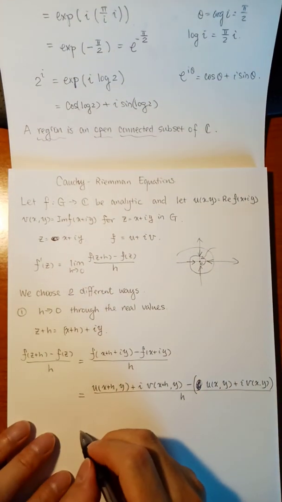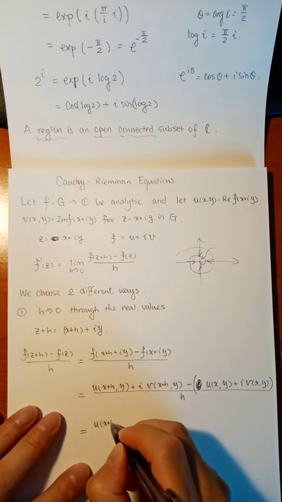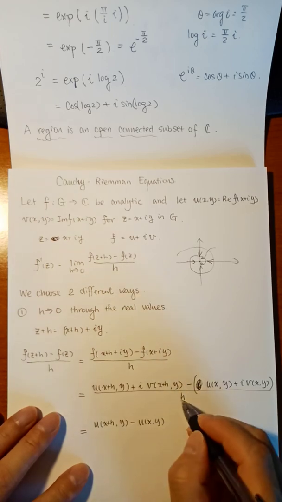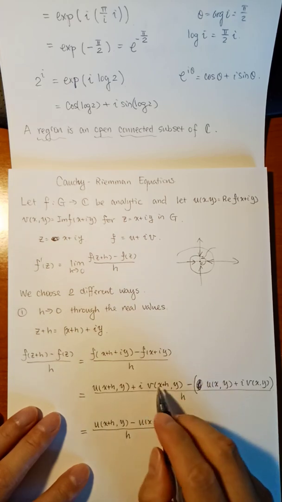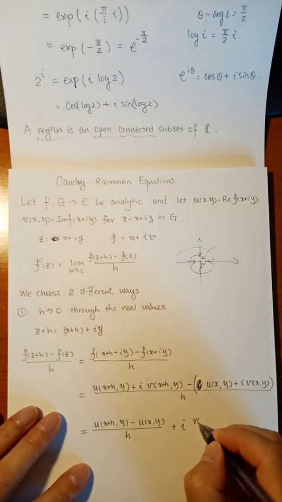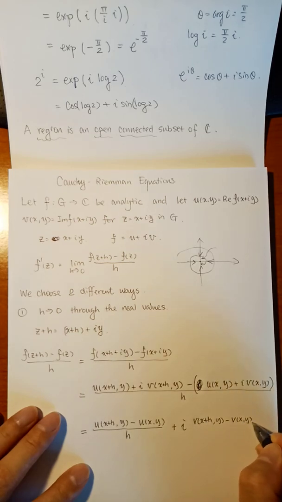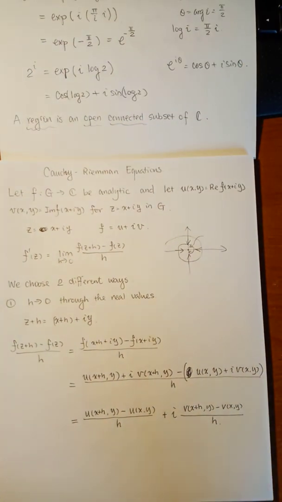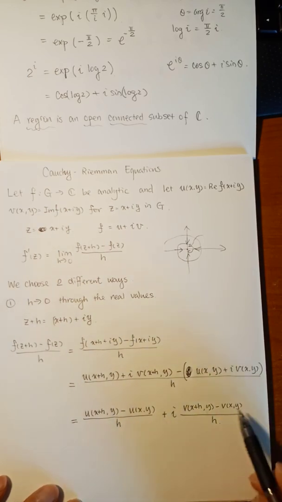Right? And let's separate u and v. You separate u, you get u of x plus h, y minus u of x, y over h, plus i, and then you copy v of x plus h, y minus v of x comma y over h. Right? So in this computation, you see that when h approaches 0, y is always fixed.